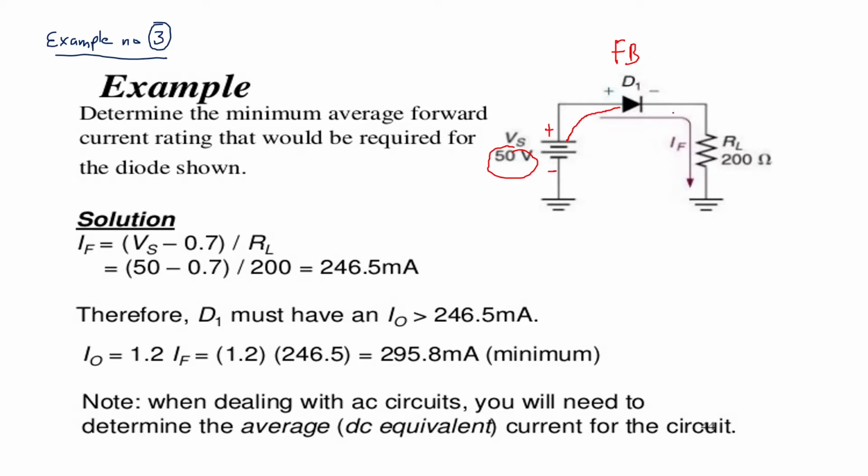It is forward bias, and then you see a load resistance RL equal to around 200 ohms, and you have to find out the current which is flowing in this circuit, which is called the forward current IF. Now for IF, we have to find out the effective voltage.